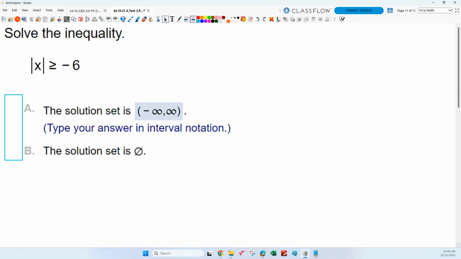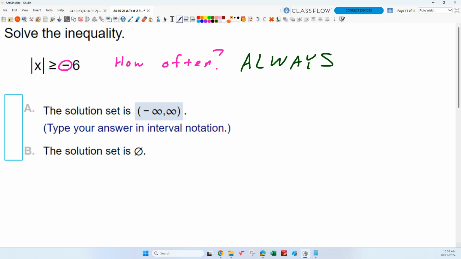Okay. What if you have one like that? What if you have the output of an absolute value is greater than or equal to a negative number? How often? Always. That's always true, right? Okay, so then how am I going to answer this one?